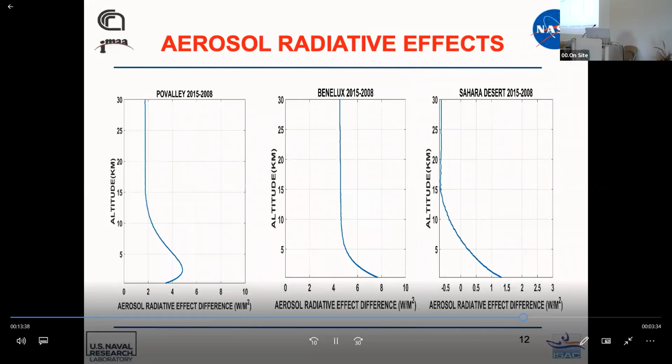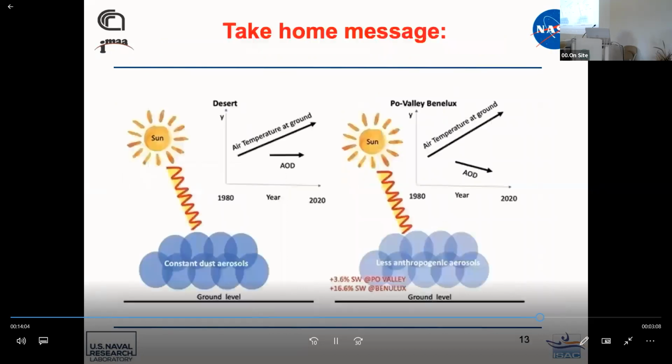This is at the surface, where we have an increase in incoming shortwave energy, in the first 5 kilometers, of around 4 watts per square meter and even 7 watts per square meter in the Benelux, while the difference in the Sahara is much less, 4 to 8 times less.